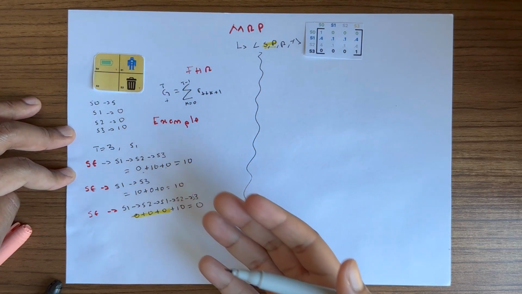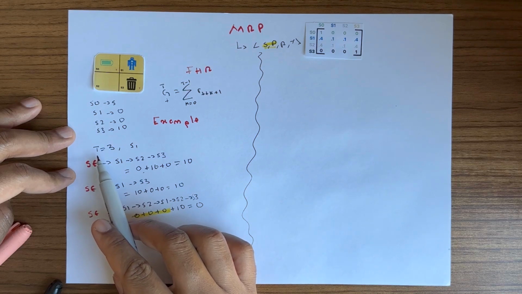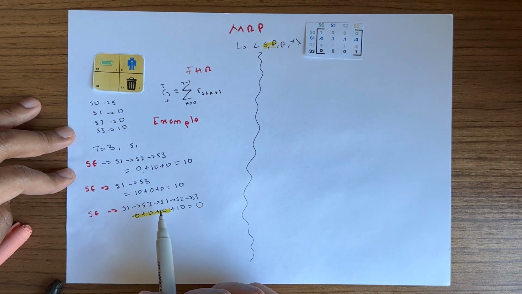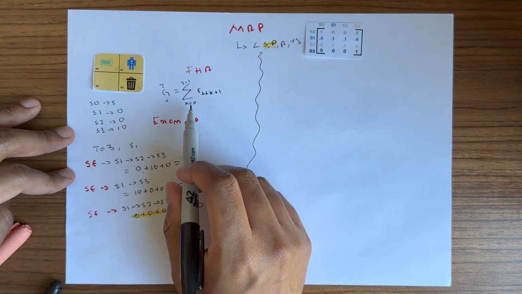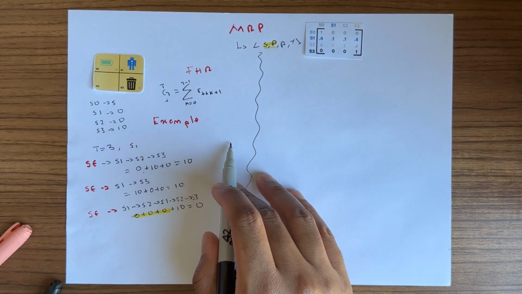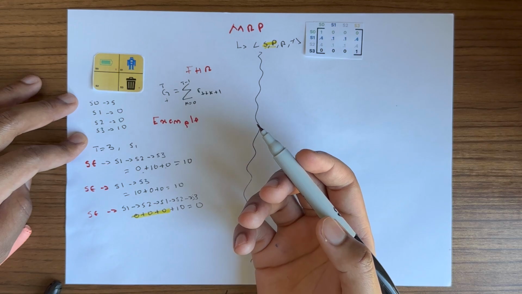Now think of this. The problem is that depending on T, we can end up with different returns. What we can do is go back to this formula, the finite horizon return, and make it an infinite horizon return.